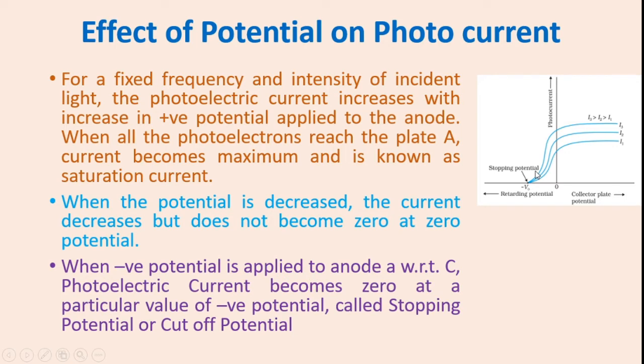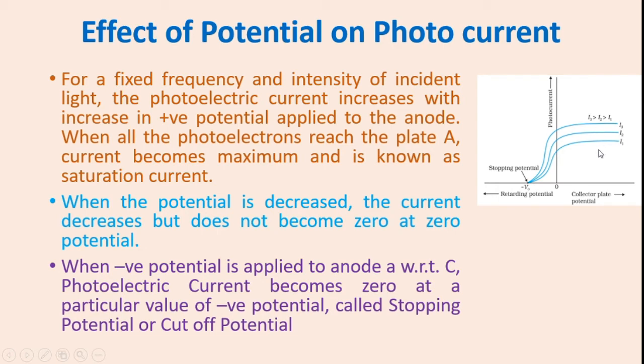When negative potential is applied to the anode with respect to the cathode, the photoelectric current becomes zero at a particular value of negative potential, and that particular value of negative potential is known as cutoff potential. This cutoff potential is fixed for a metal and for a particular frequency, whatever may be the intensity of incident light.